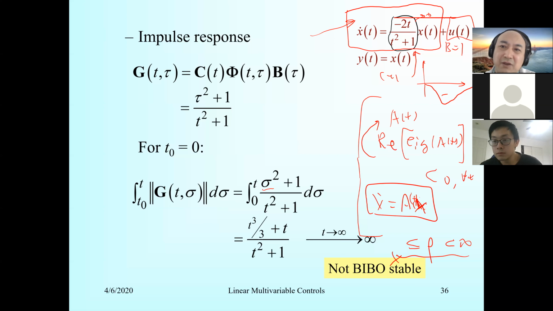Even if the original homogeneous system is stable, it may not be BIBO stable. I hope through this example you see that for any LTV system, the original system being stable with a control, it may not be BIBO.